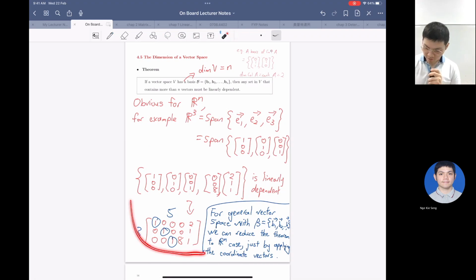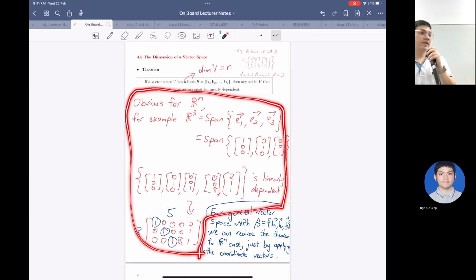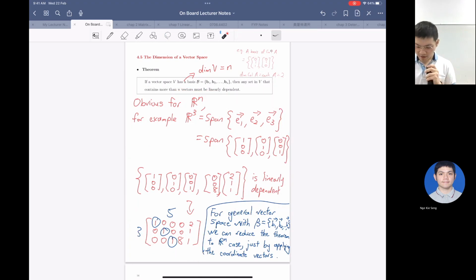Then everything we solve is really the Rn case: whether the number of columns is greater than the number of rows. It's really the same. If you want the details, you can look at the textbook.